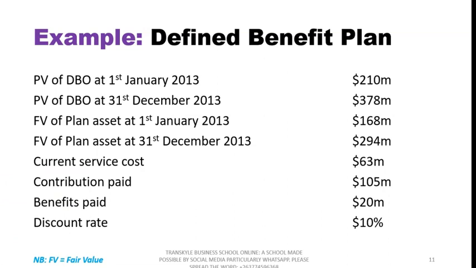Okay, so we have the present value of the defined benefit obligation on the 1st of January 2018, that is 210, and the present value of the defined benefit obligation at the end of the year of this March. Okay, so we can safely try to tabulate these things. All right, so we populate them.